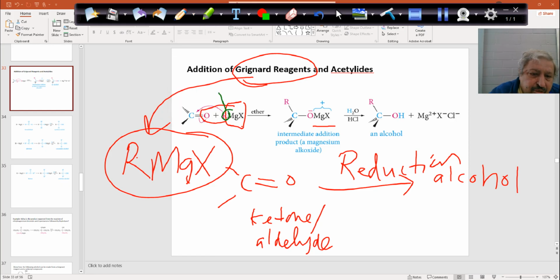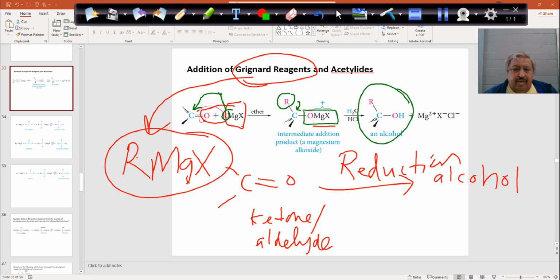The R will go to the carbon, the MgX will be on the oxygen. So the R here on the carbon, the OMgX, the MgX on the oxygen. Then it will flip, you add H2O, then you get an alcohol. You get an alcohol out of it, and then magnesium halide. Are you following me here? So that's the way we can get a reduction of ketones and aldehyde using Grignard reagents.